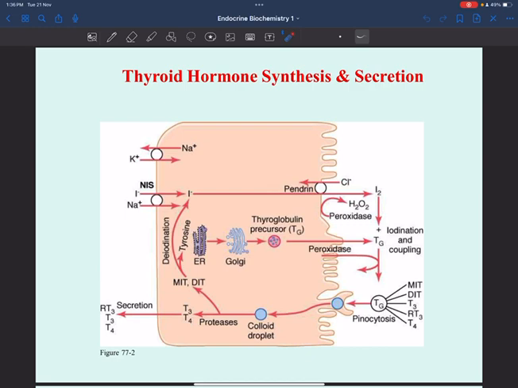So first of all, in order to build such structure, you need the thyroglobulin as protein, which is normally synthesized by transcription, translation, sorting, and then excretion of that protein.